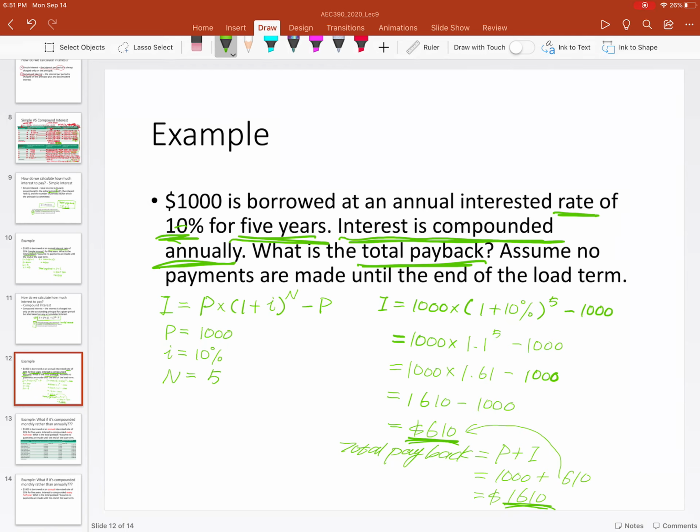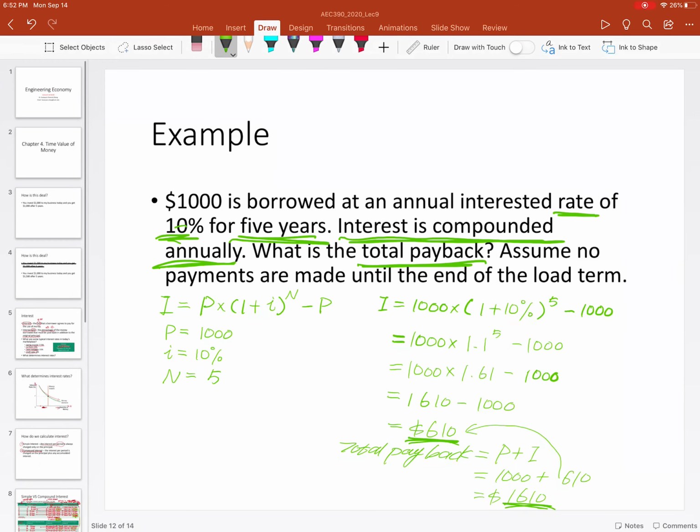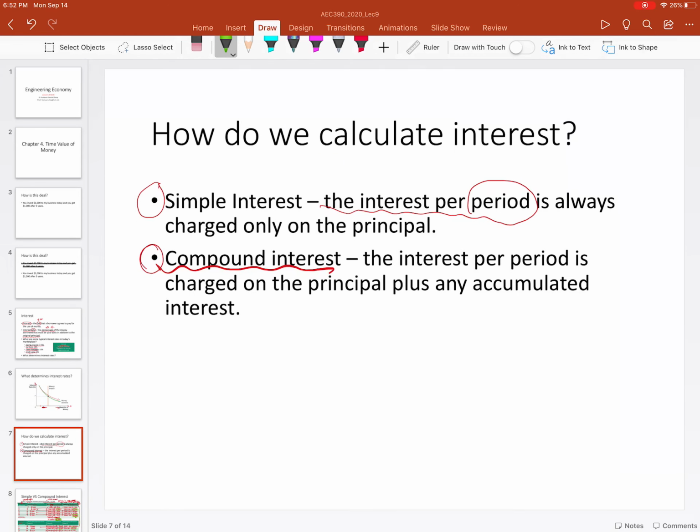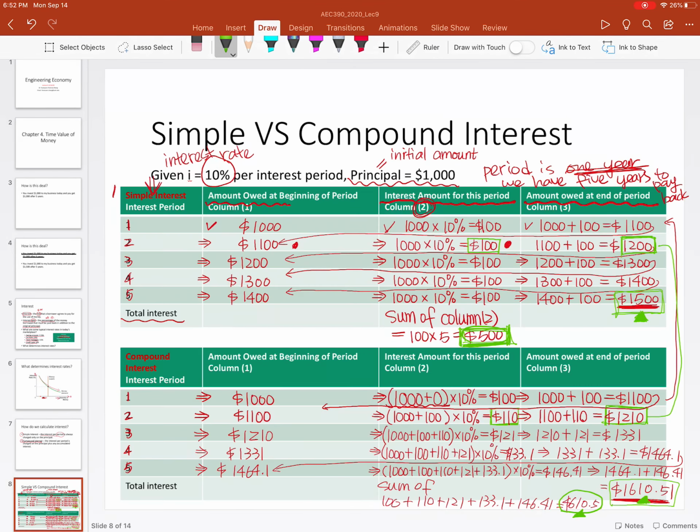So using the equation will give you the answer quickly. Okay. And all right, so this is all about today's class. I want you to truly understand what interest is and why we have interest. That's an incentive, right? And also, what are the two types of interest, simple and compound? What's the difference by definition?